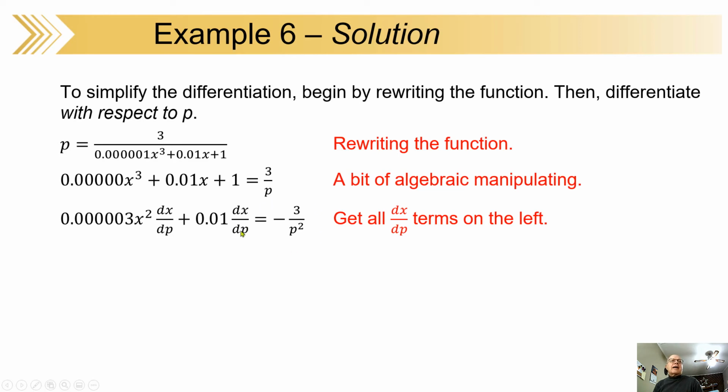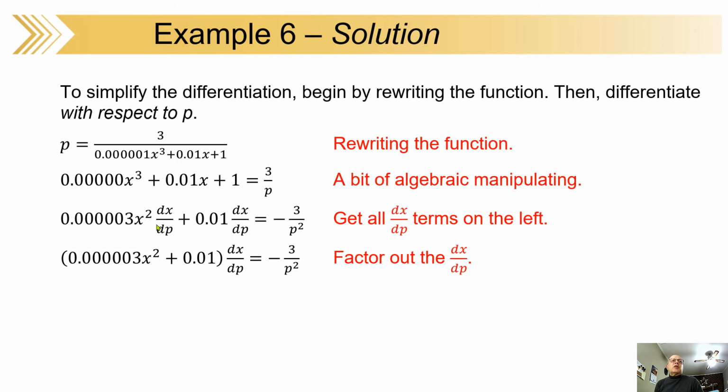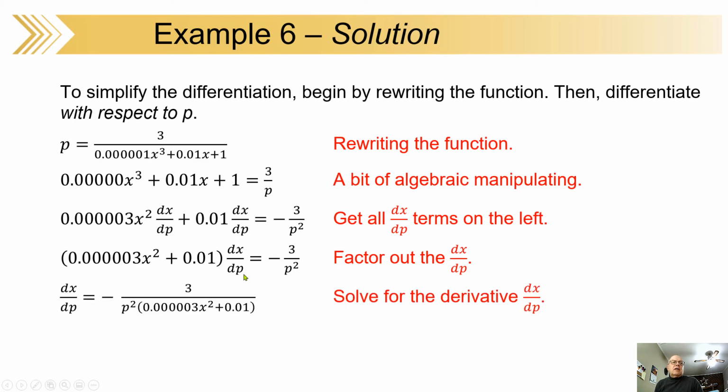You get the dx/dp terms on the left side. Then we'll factor the dx/dp out, and we'll divide both sides by the coefficient that you see right here. That way we end up with just dx/dp, which is that one. There's our derivative.